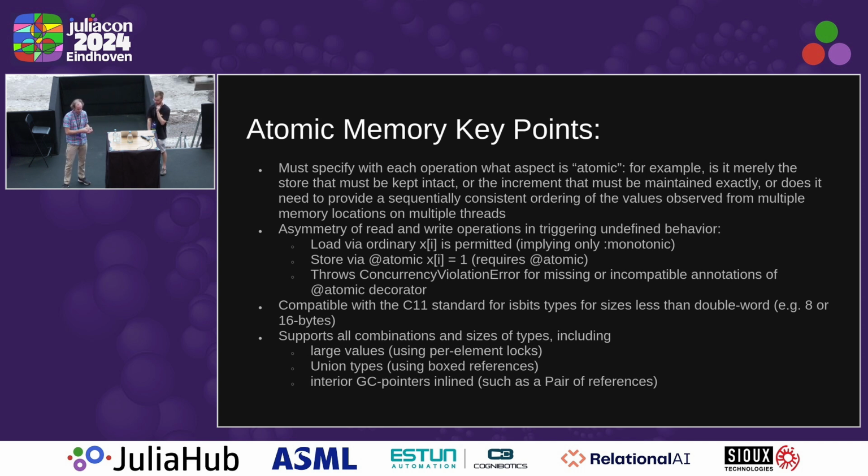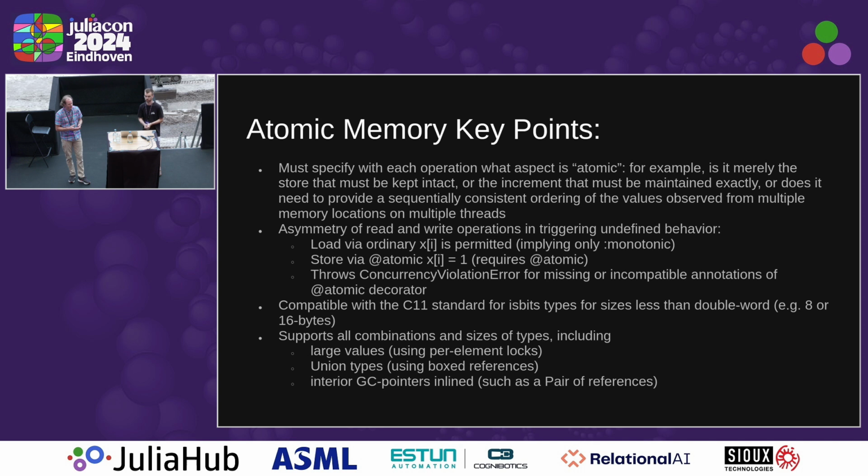So for this example on the slide, you can load x[i], assuming x is an atomic memory object that's been initialized and has at least i elements. But when you store to it, you have to write the same x[i] = 1 that you would have written before, but prefix it with this @atomic macro.